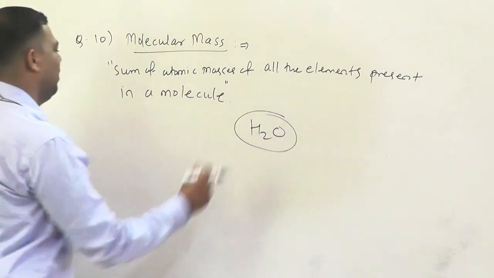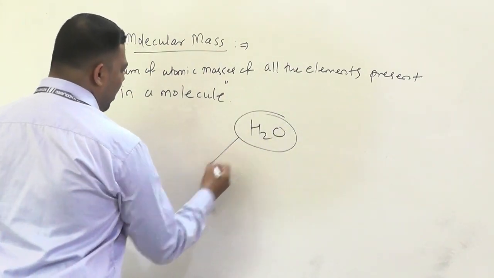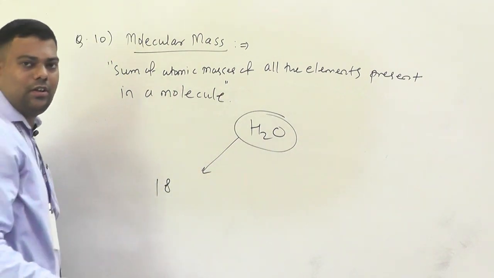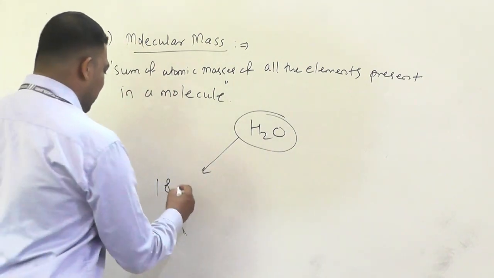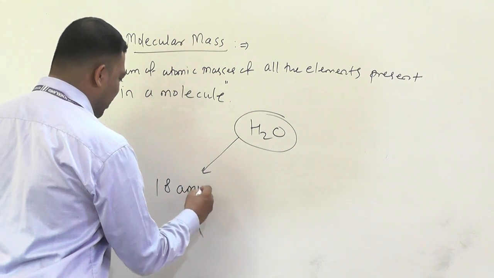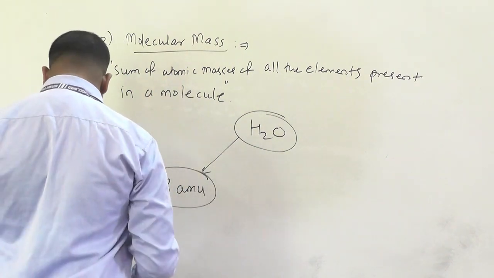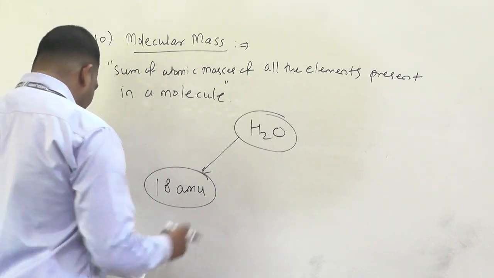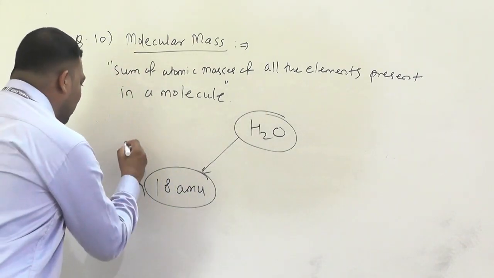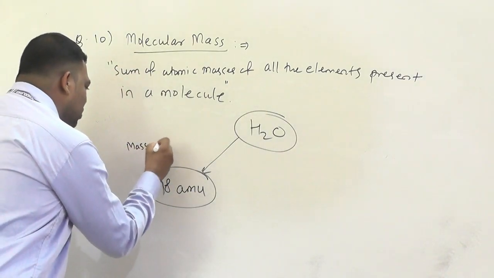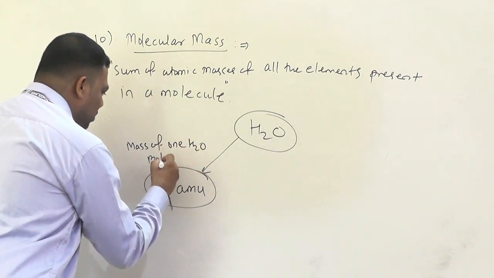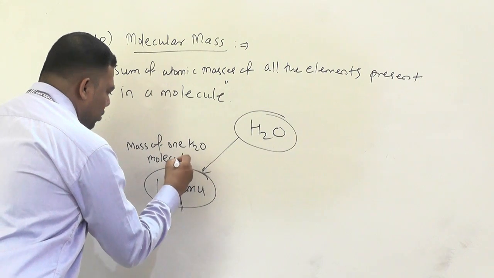So whenever you are writing 18 AMU, it is the mass of one H2O molecule. Understood?